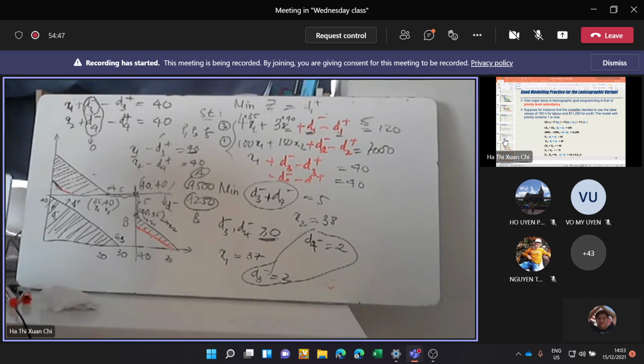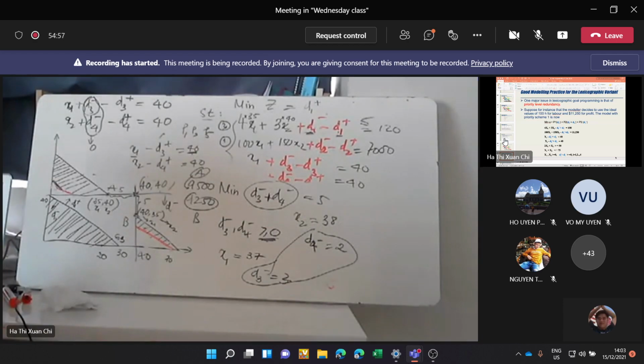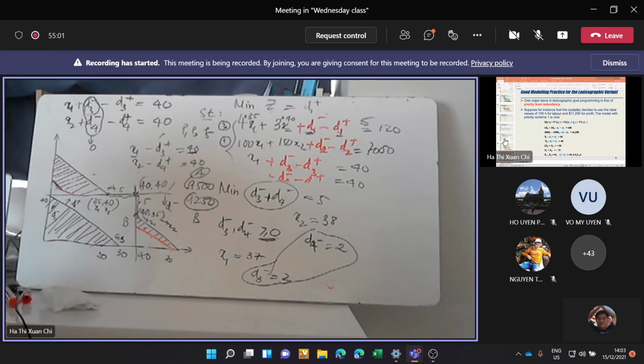Another thing, when you solve a real problem, we don't know which one I should put in the first priority, which one I should put in the second priority. Sometimes you don't know. So what you should do is swap the priorities.